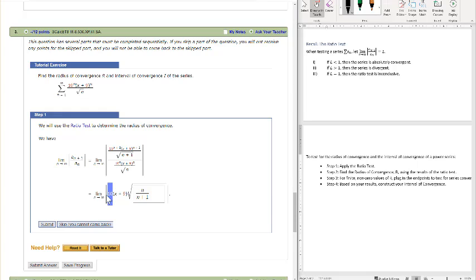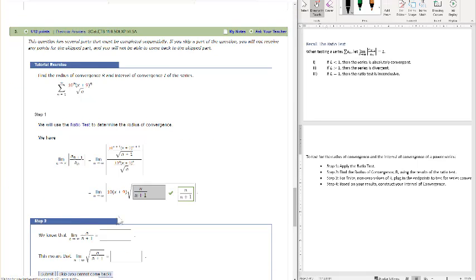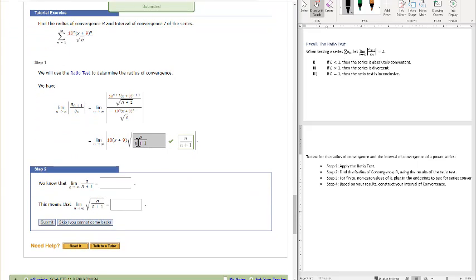That will leave you with one 10 in the numerator, and the same goes for x plus 9. So this 10 times x plus 9 is independent of n, so we can move that out and focus on the square root of n divided by n plus 1.